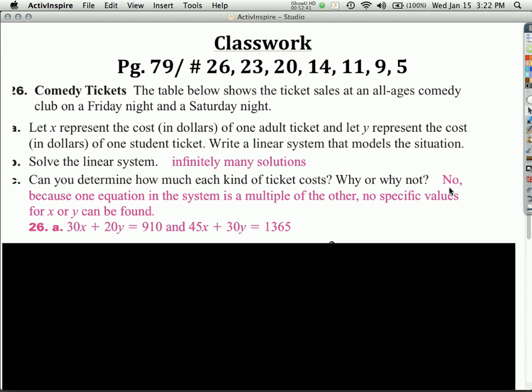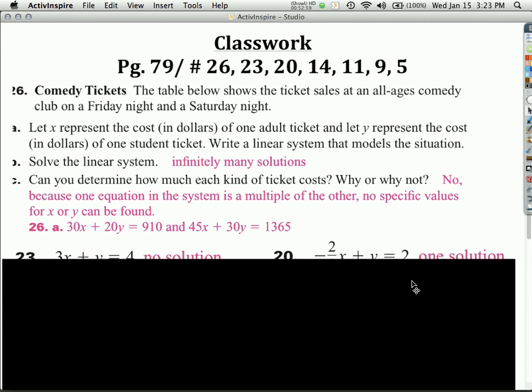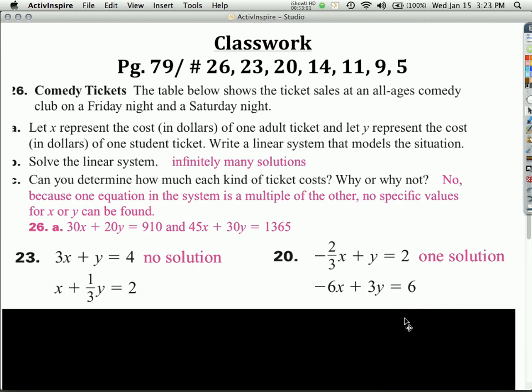No, because you don't have enough information. The publisher talks about it being one equation being a multiple of the other. What we talked about is the fact that they're basically the same equation. So if you said something about it being the same equation, or if you said a multiple of the other, either way is fine. Number 23 and 20.